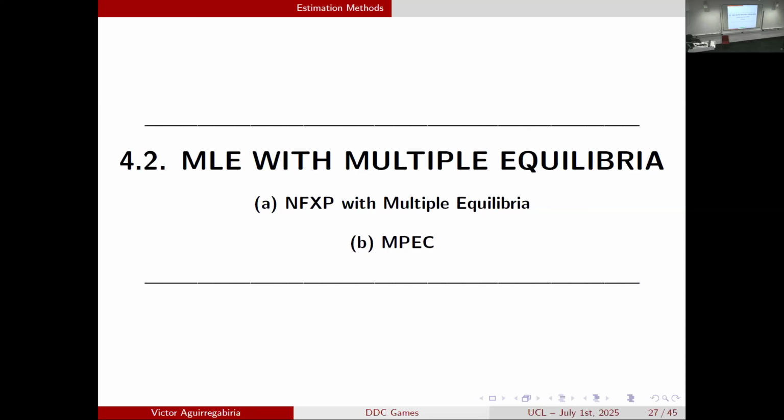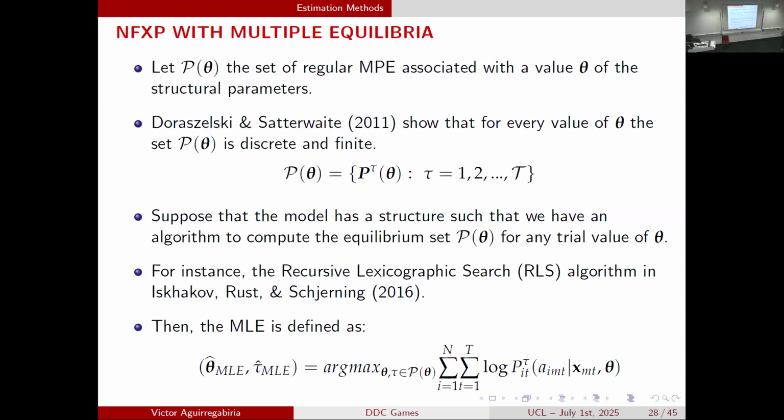Let's incorporate now the additional difficulty, that is the fact that, at least for some values of theta, we have multiple equilibria in this model, unless we impose the strong restrictions that I have mentioned.